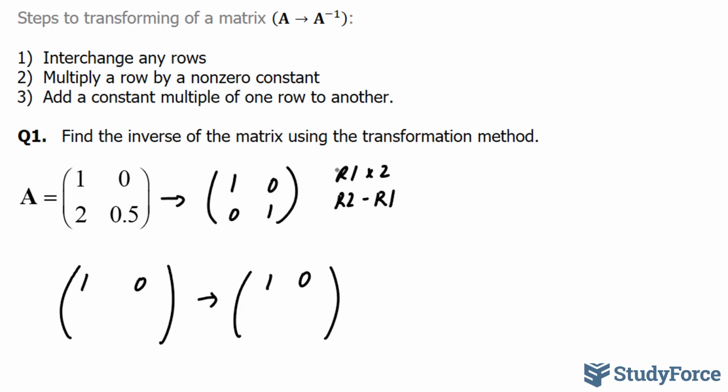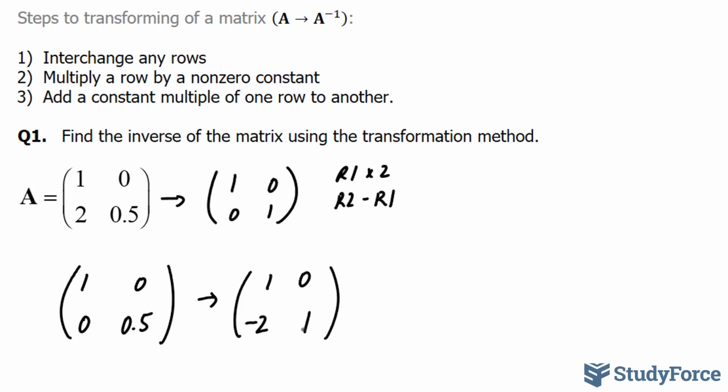So 2 times 1 is 2, 2 minus 2 is 0. 2 times 0 is 0, 0.5 minus 0 is still 0.5. 2 minus 1 is 2, 0 minus 2 is negative 2. And lastly, 2 minus 0 is 0. 1 minus 0 is 1.